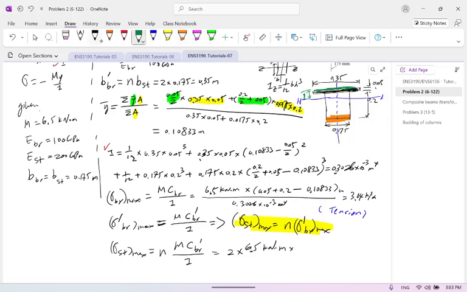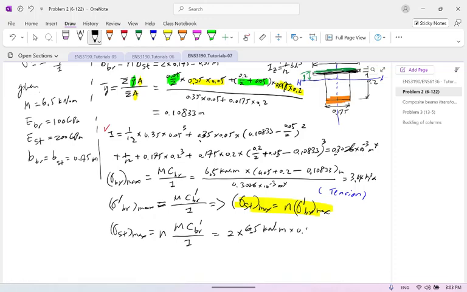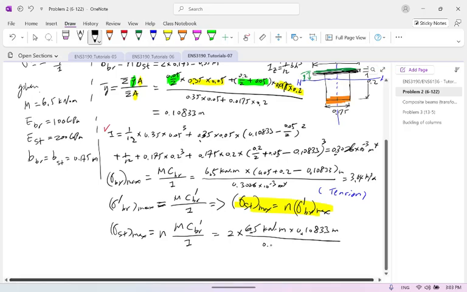Okay, so what we see times 0.10833 meter over I, which is 1.3026 times 10 to the negative 3 meter power 4. So that means we can see it is 4.65 megapascal. This one is in compression.